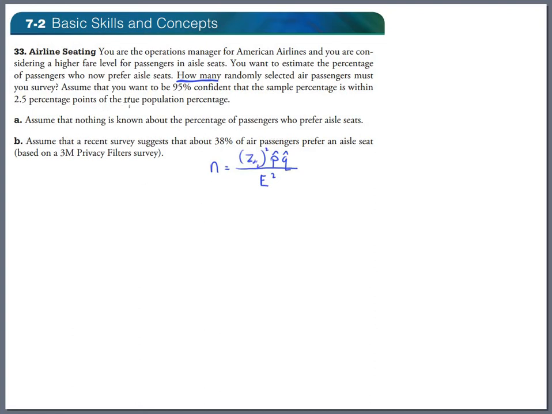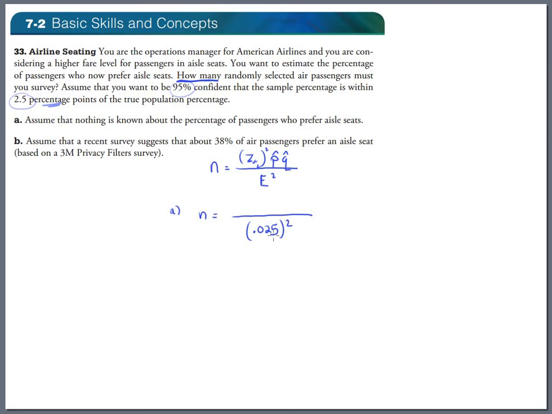So first time around, we've got 95% confidence. We want to be within 2.5 percentage points. So be careful with the formula for that. Percent, move that decimal place 2 to the left.